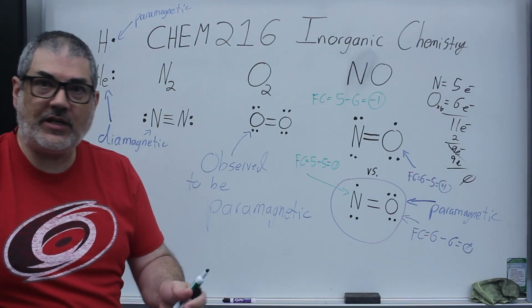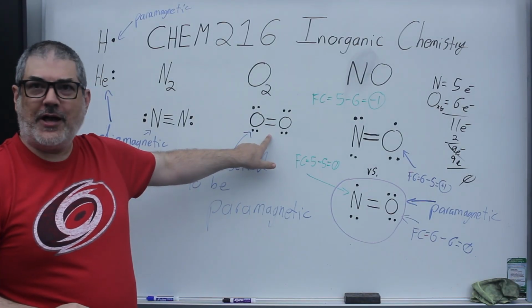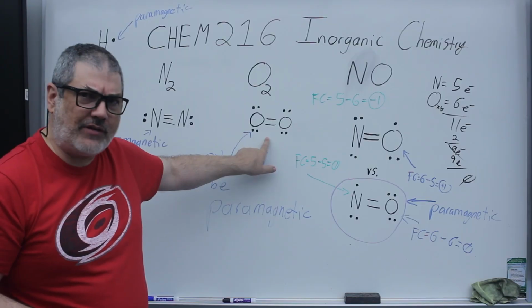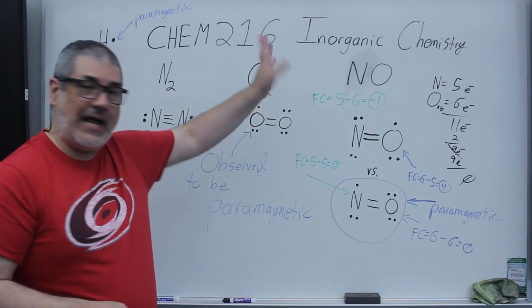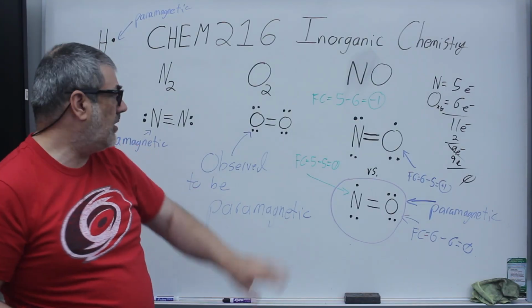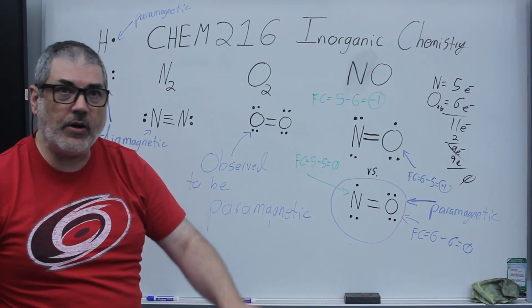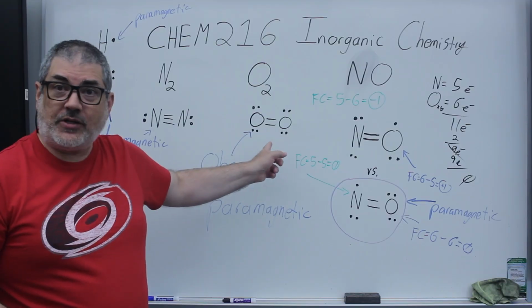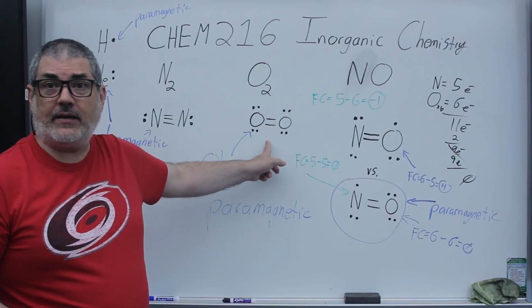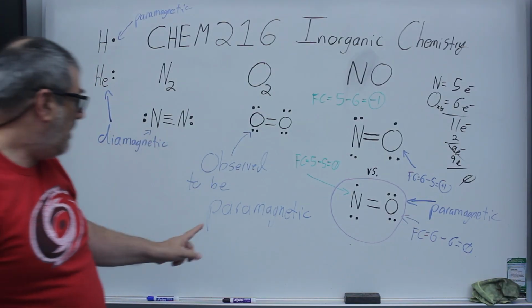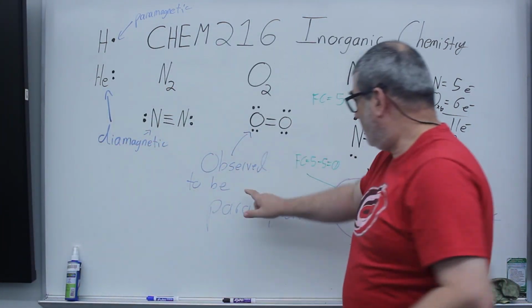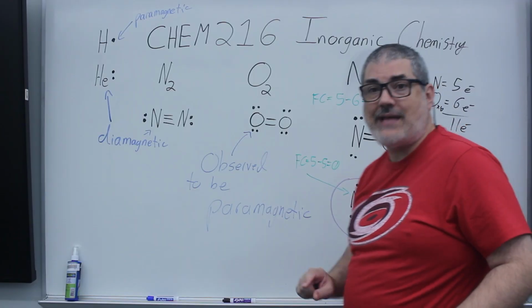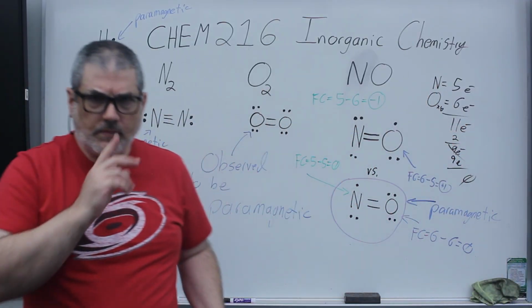Now, why is that significant? Well, don't trust your lying eyes, because the Lewis dot structure tells you, 2, 4, 6, 8, 10, 12. I got all my electrons in there, 12 electrons, and they're all paired together. By definition, that's diamagnetic, just like nitrogen. But what's observed, the real world, says, no, O2 is actually paramagnetic.